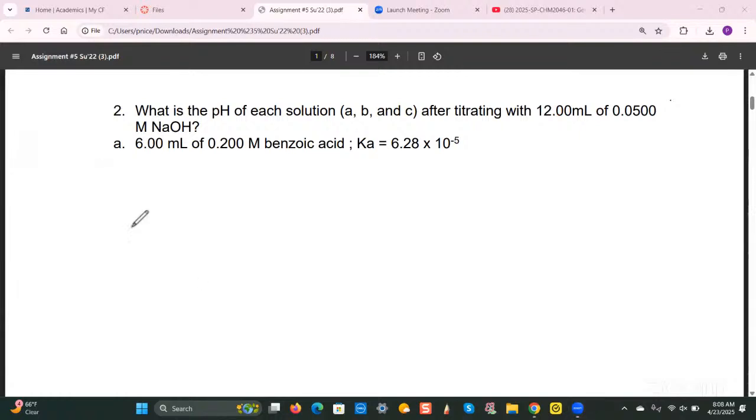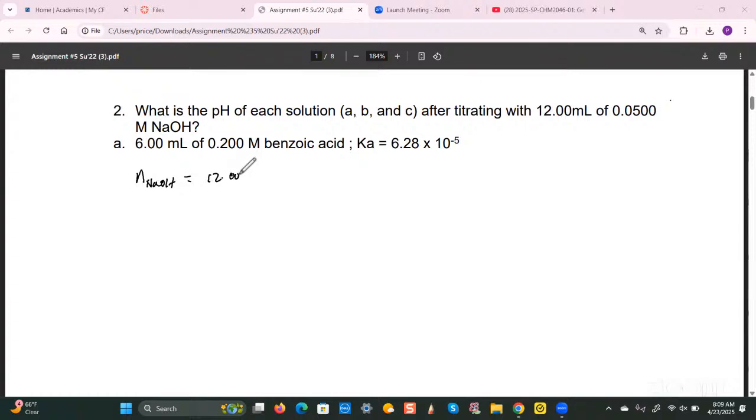Okay, so the first thing I would do is try to find the number of moles of both the acid and base, right? So the number of moles of the base, which is sodium hydroxide, will be equal to the volume of the base, which I have to convert to liters, so 1 liter over 1,000 mL, and then I'll multiply that by the molarity of the base, which is 0.0500 moles per liter. And I would work that out.